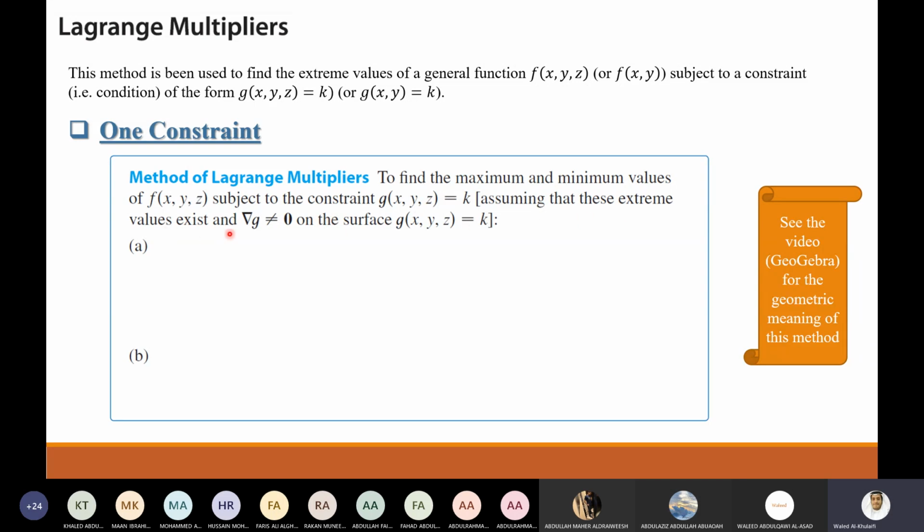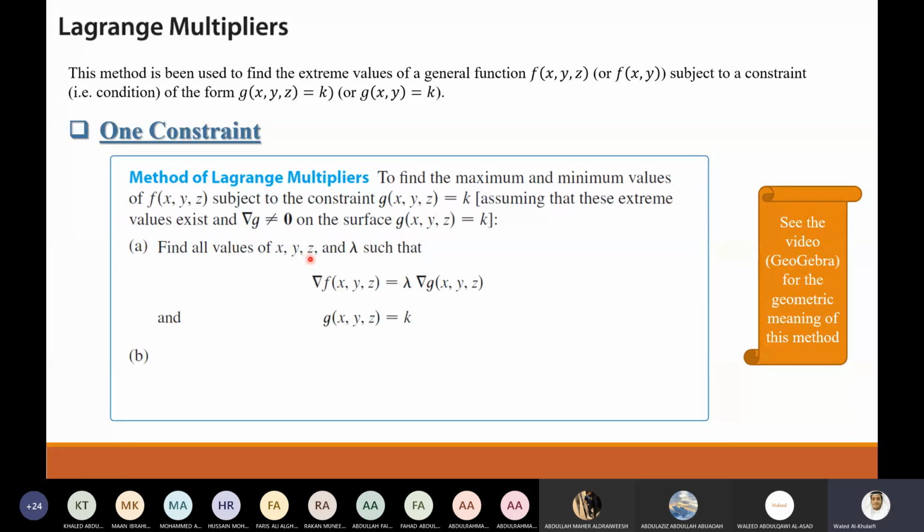Assuming that these extreme values exist and the gradient of g should not be equal to 0 on the surface g(x,y) equals k. The first step is, guys, solve this system: find the values of x, y, z, and lambda that satisfy these 2 equations, the gradient of f equals lambda times the gradient of g, and g equals k.